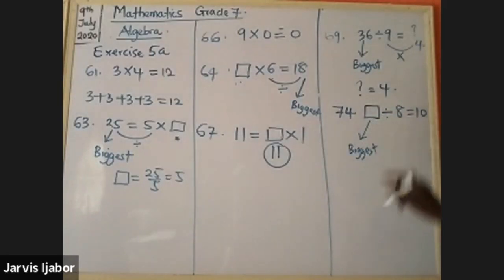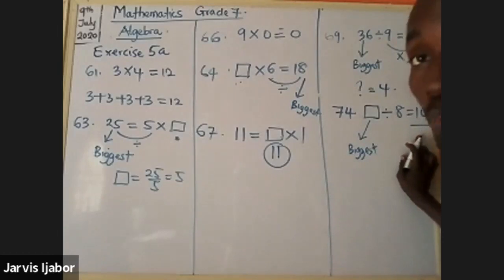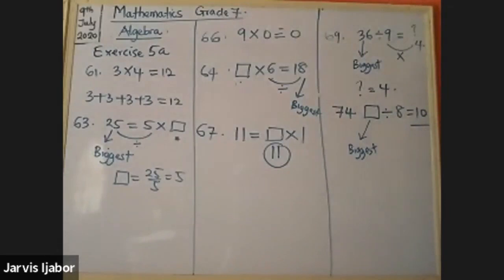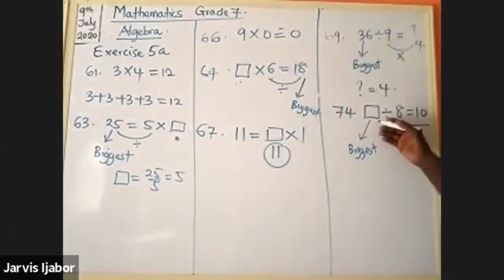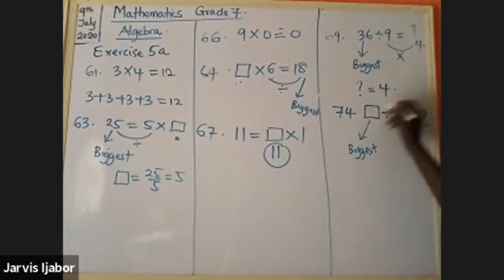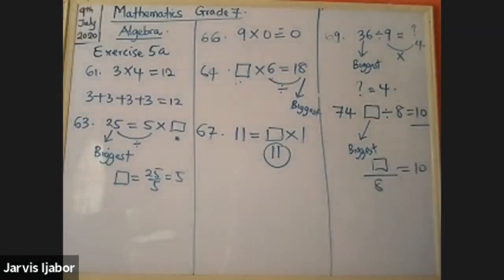This happens when you have a whole number as your answer. If I have a fraction, it will not be true, but this holds true because my answer is a whole number. Anytime I divide a number by another number and I'm getting a whole number, it means that the first number here is a bigger number. I hope you know that I can write this to mean box over 8 equal to 10.